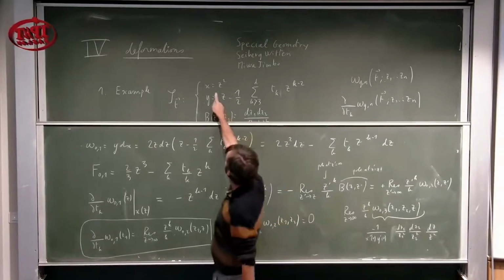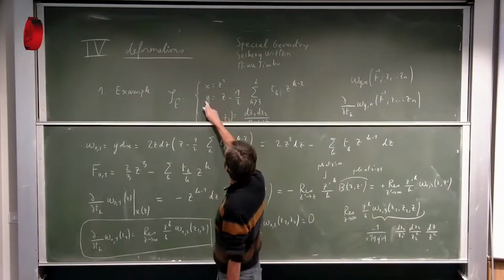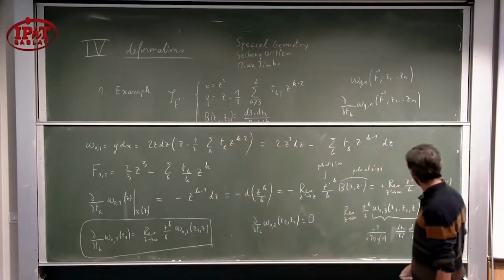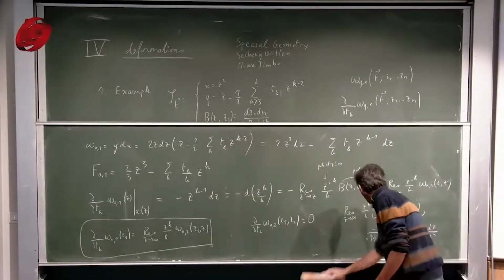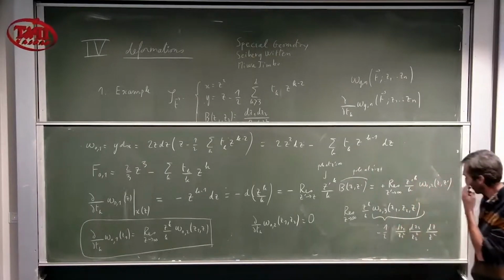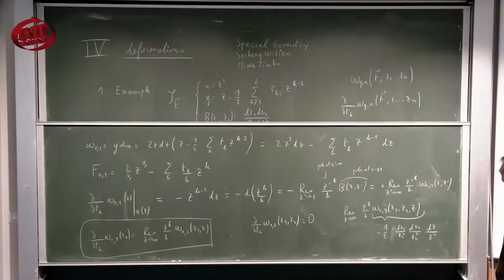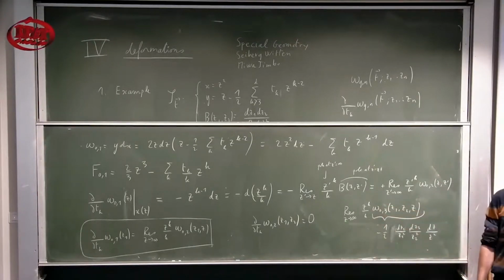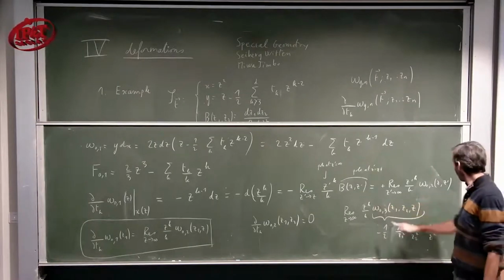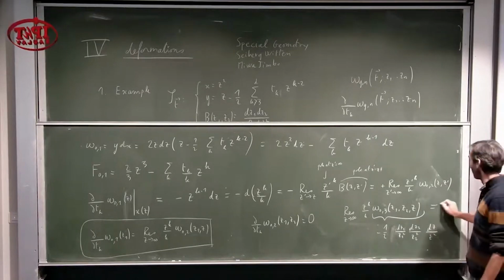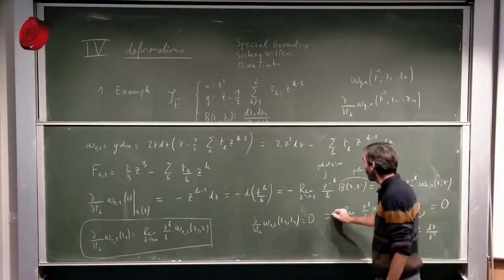The second derivative of x is equal to 2, the first derivative of y is equal to 1, so it's minus 1 half. And here, remember that I'm taking k larger than 3. So z^k divided by z squared has no pole. So this residue is 0. Well, so basically the two are equal.